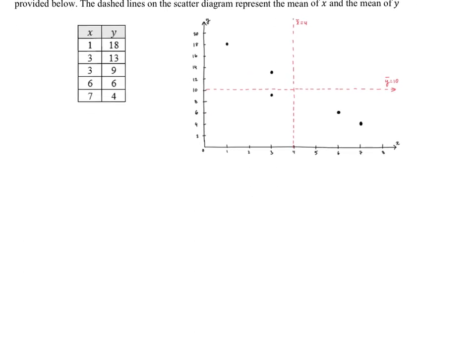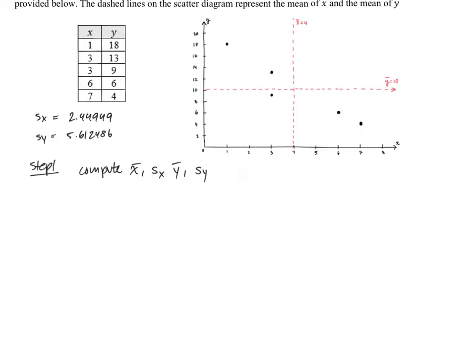Well, step one, we're going to compute x bar, standard deviation of x, y bar, and standard deviation of y. Okay, so we are going to be given that s sub x is 2.44949, and s sub y is 5.612486.